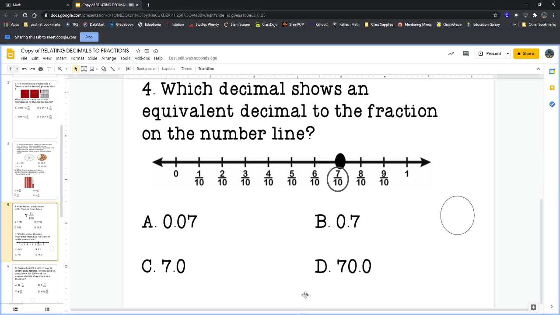Are there any answer choices that use the 100th place by mistake? Do I see any answer choices that have more than one number after the decimal? Bella?